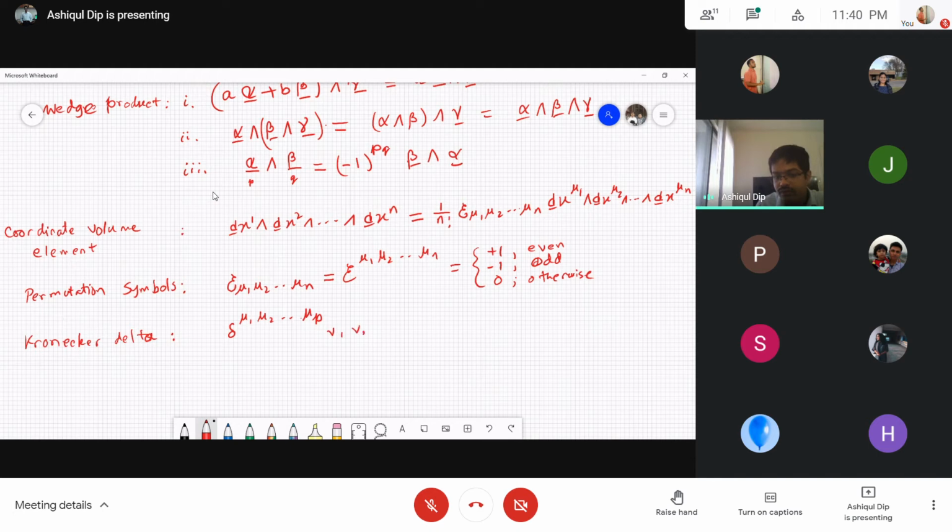It is defined as +1 if one set of indices is an even permutation of the second set, -1 if one set is an odd permutation of the other, and 0 otherwise.